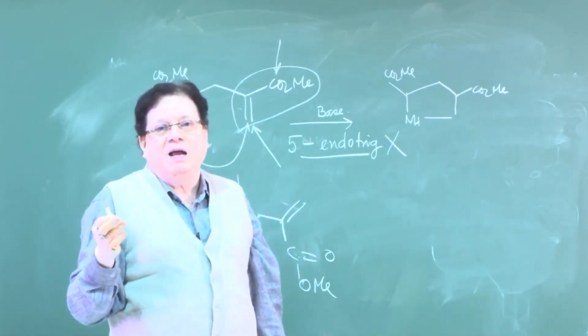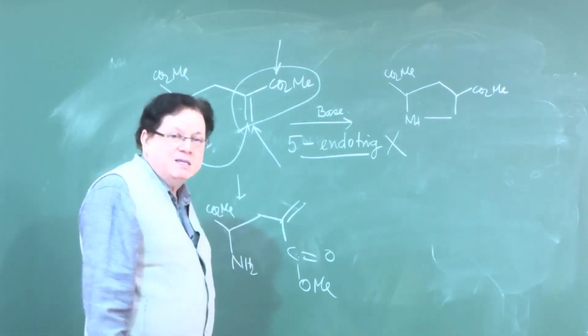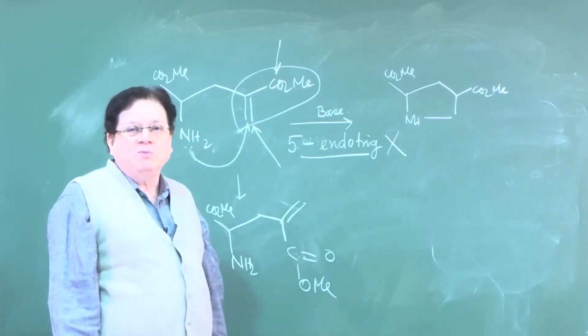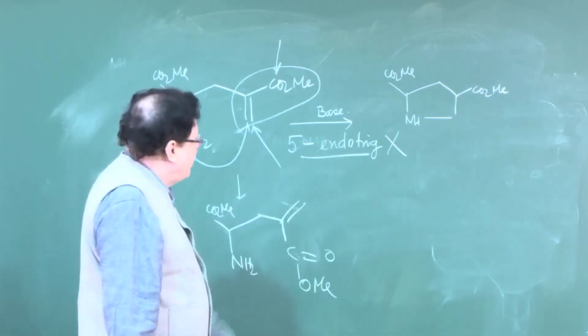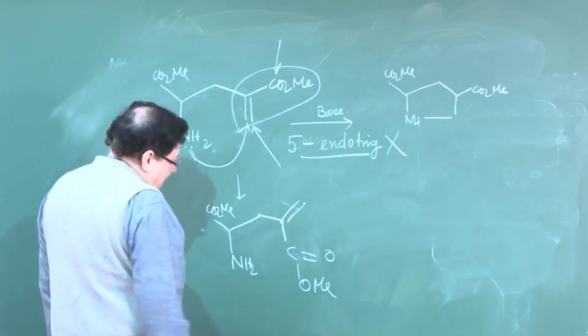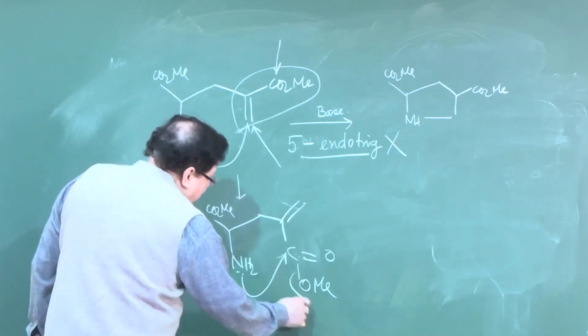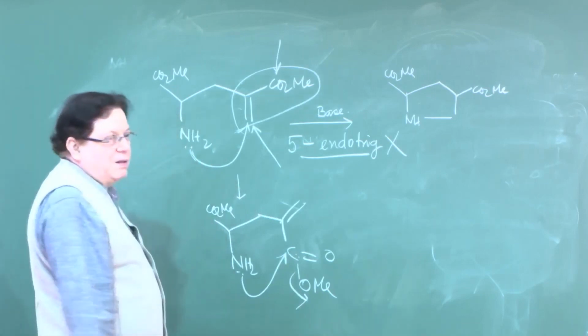So, the nucleophile can attack any one of them, but usually Michael reaction is very facile. Here, Michael reaction is not possible because of Baldwin's rule, it is a 5 endo-trig. So, you write it in another fashion like this, and then the nitrogen attacks this carbon and finally, this group leaves.